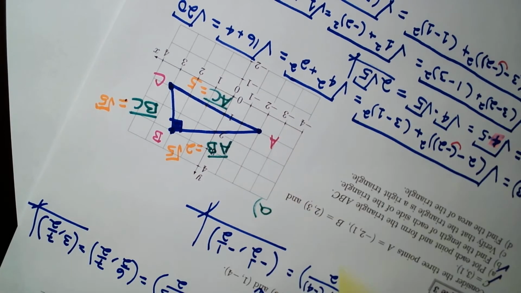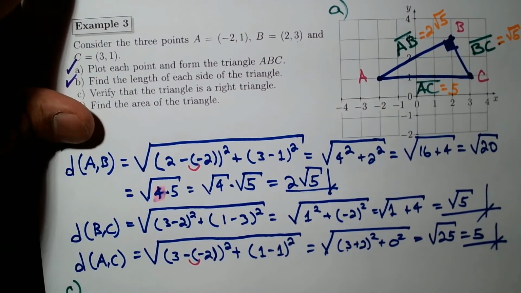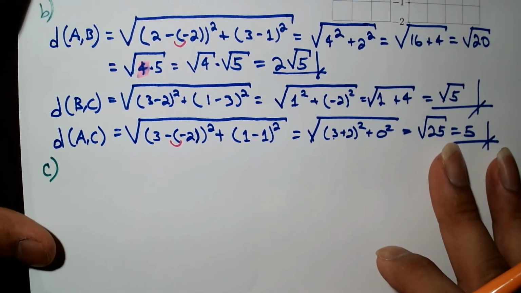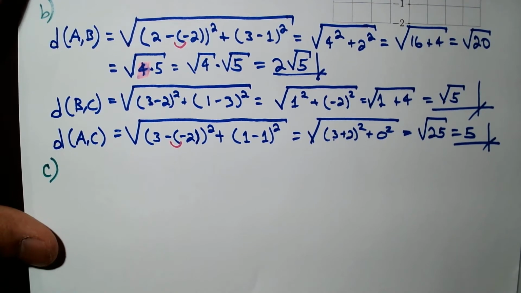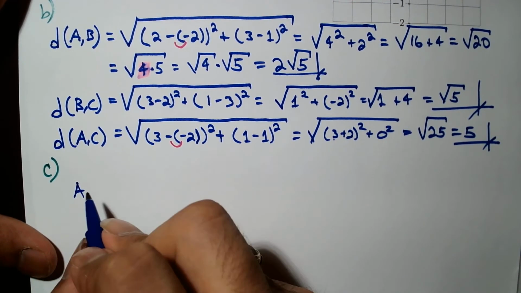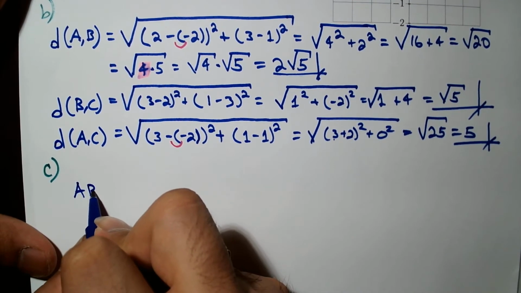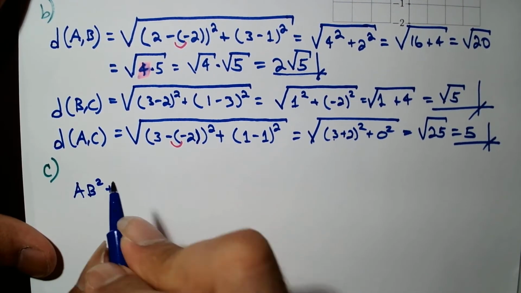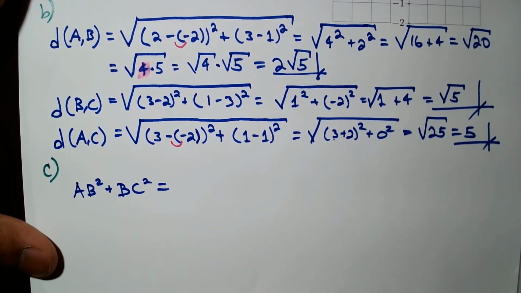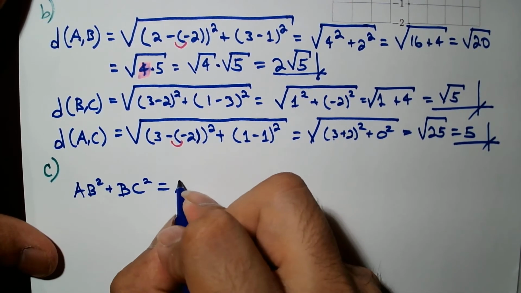Let me put the paper back to its original position. It must be true that AB squared plus BC squared equals AC squared.